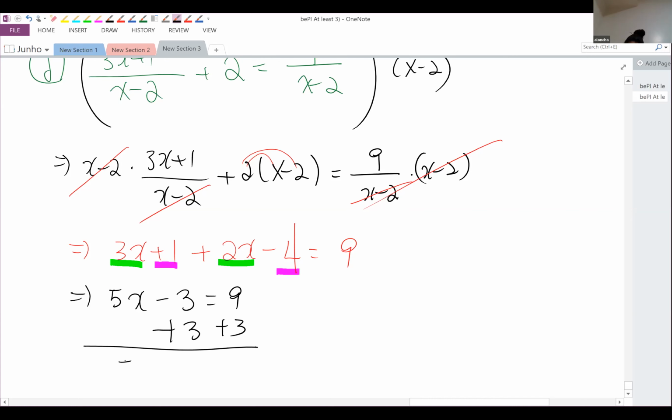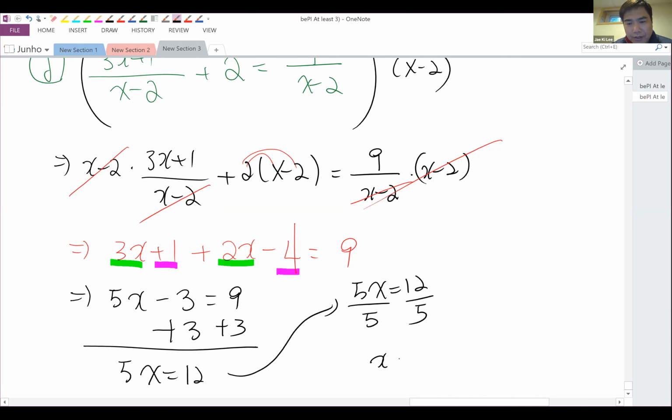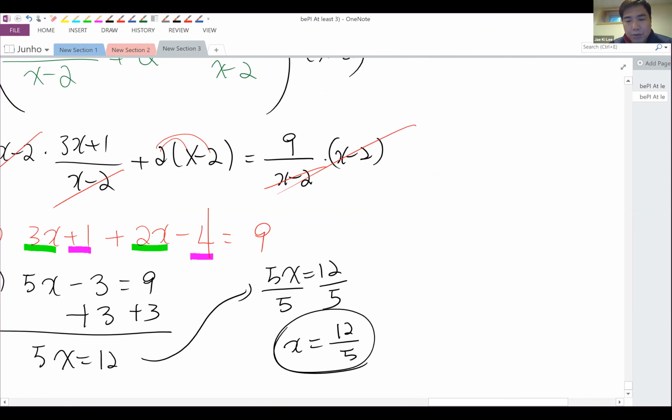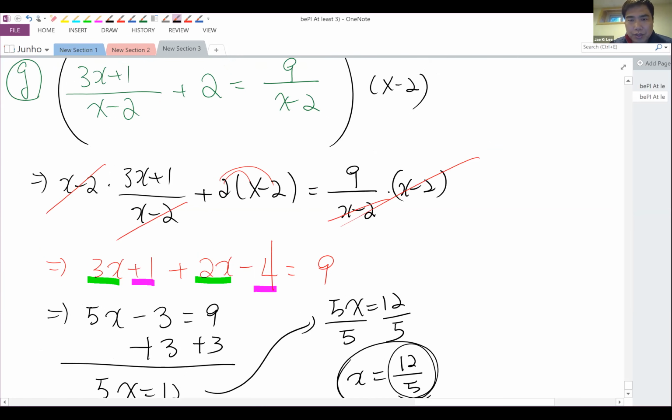So 5x equals 12. So you divide by 5, then x equals 12 over 5. Okay. So that's the answer. And also, in this case, even if you plug this into here, it wouldn't be 0, right? So we confirm that it can be the answer.